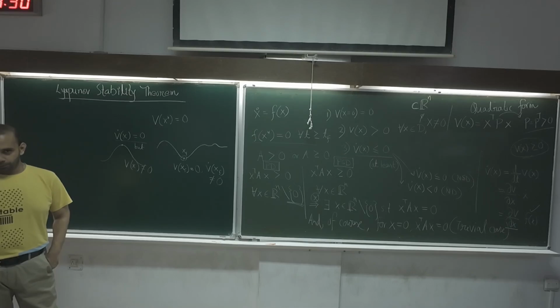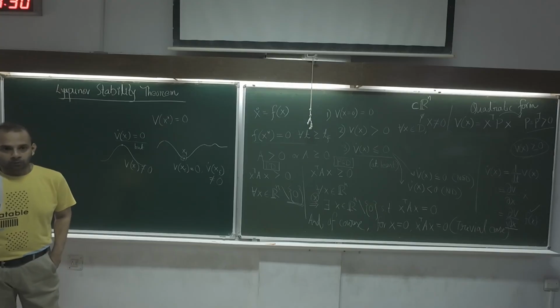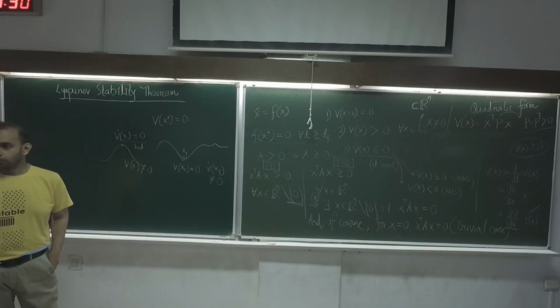We cannot check if we give an input from the outside, like external input from another system, whether it is actually decaying or not. If V dot x even becomes 0 or less than 0, then also maybe the system will go on. Exactly.